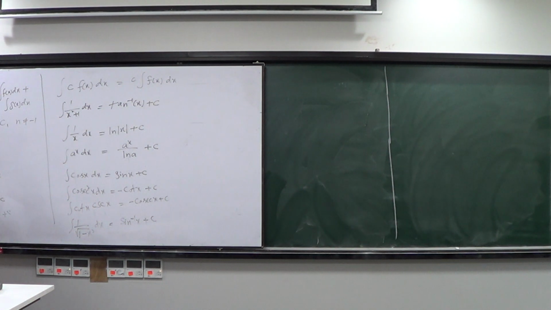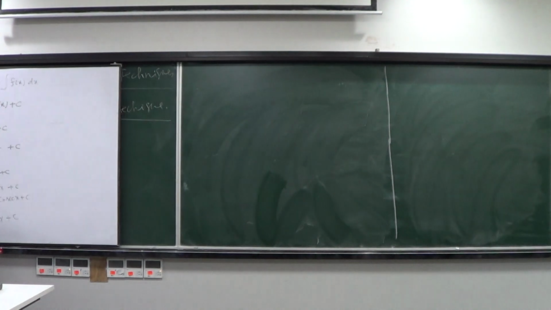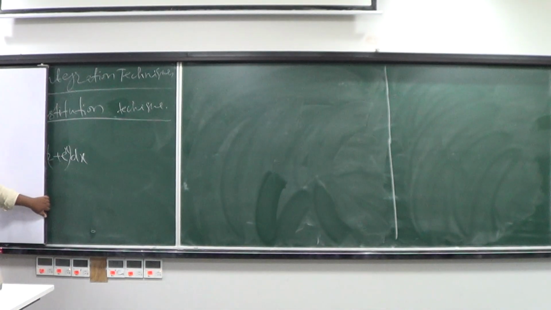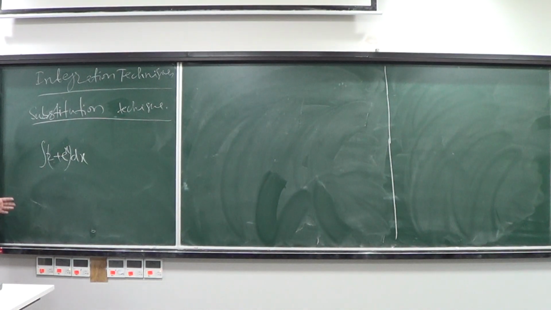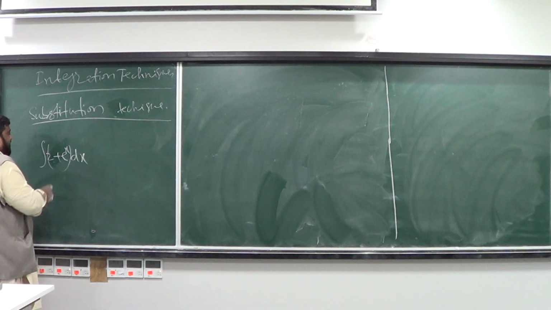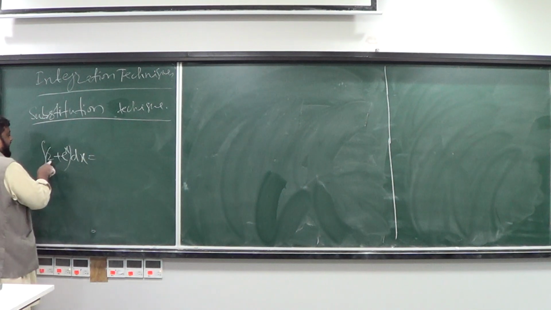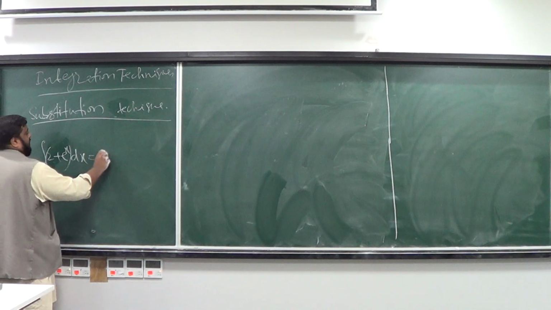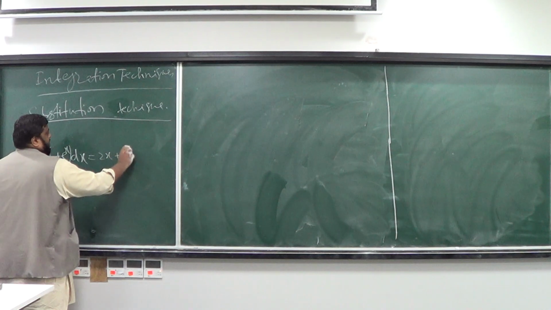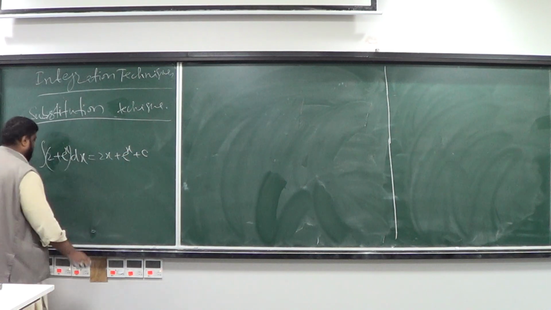So the integral of a sum is the sum of integrals. I know how to deal with such integrals as well. If I have 2 plus e to the x, the outcome is going to be 2x plus e to the x plus constant c.